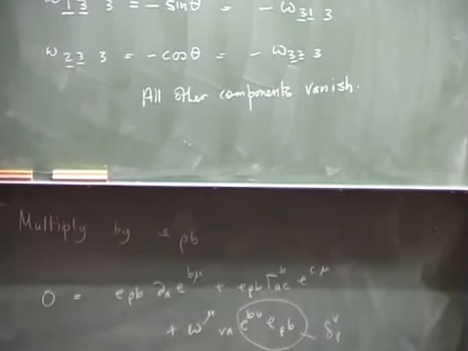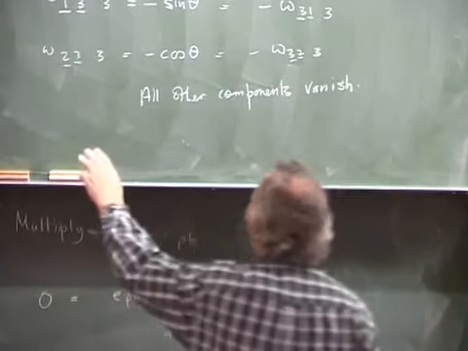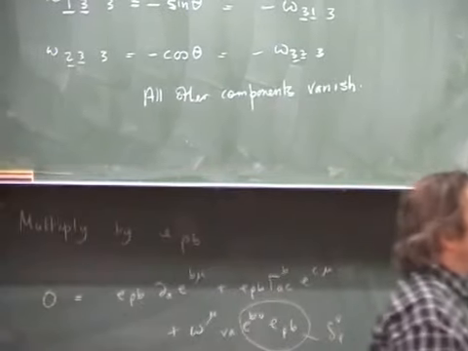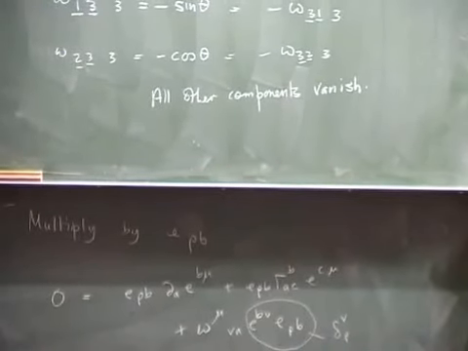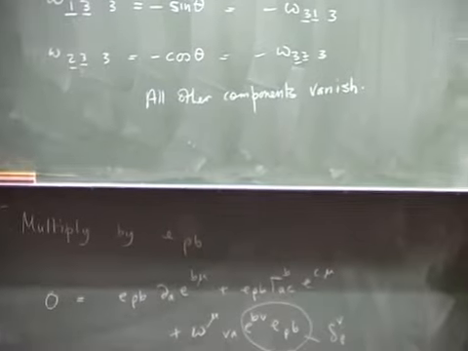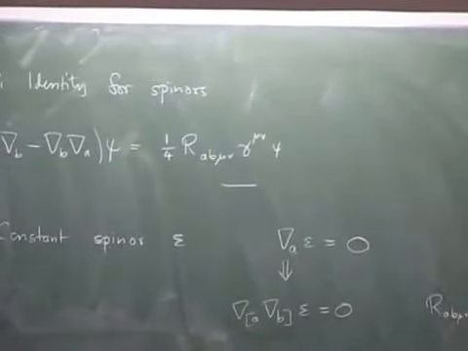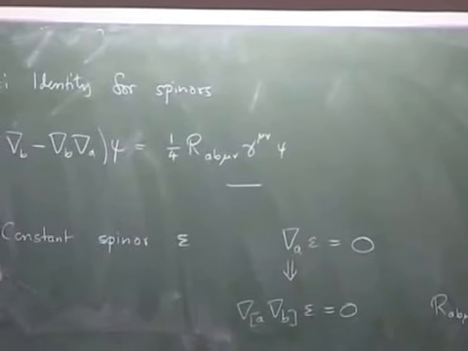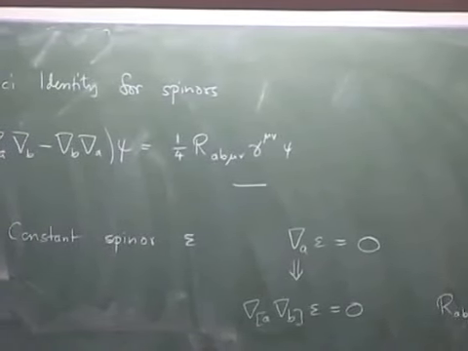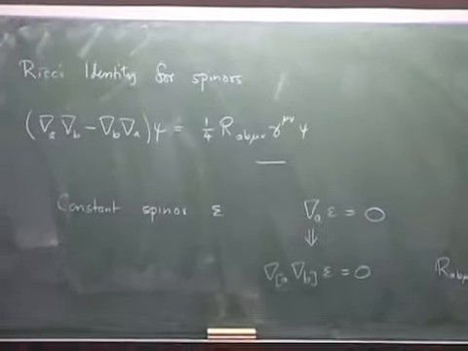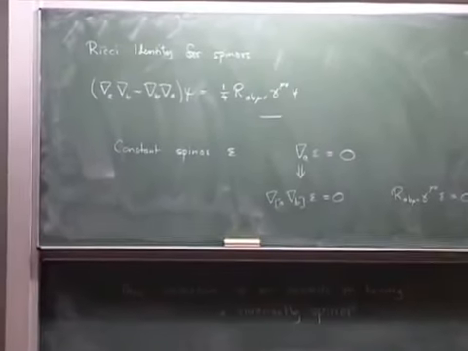The next thing that you want to do, if you want to look at solutions of this equation, is you're going to have to pick a representation of gamma matrices. That's because gamma shows up in the covariant derivative. You can, of course, pick any representation of gamma matrices you like, but I'm going to pick this one because it makes life easy.